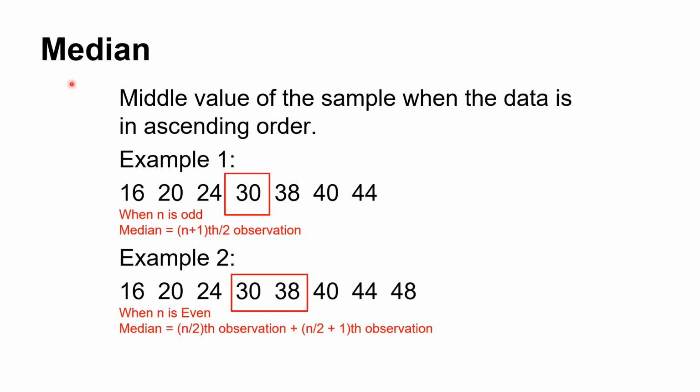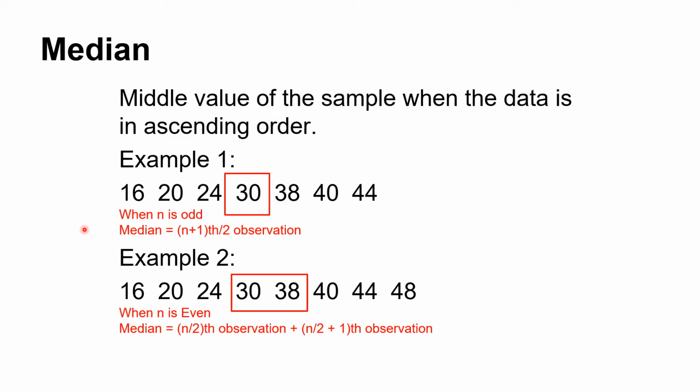Next, we will look into how to calculate the median. The median, by definition, is simply the middle value of the sample when the data is arranged in ascending order. Ascending means from the lowest to the highest number. For example, you have data arranged from 60 to 44, in ascending order.